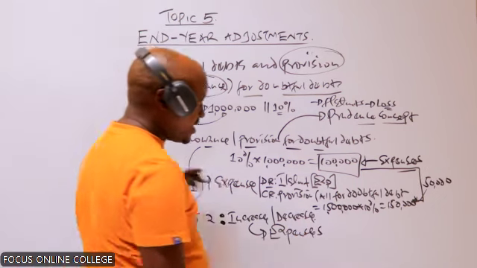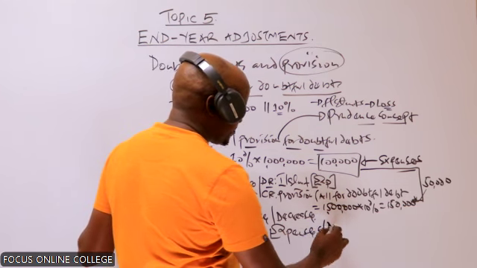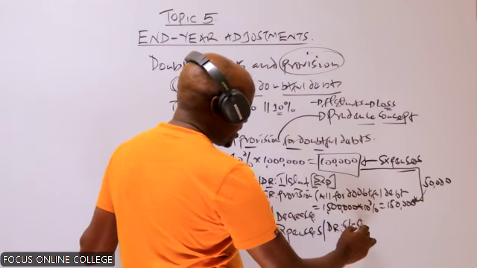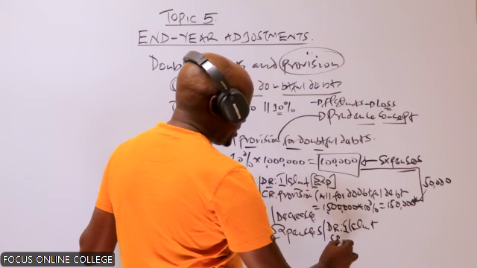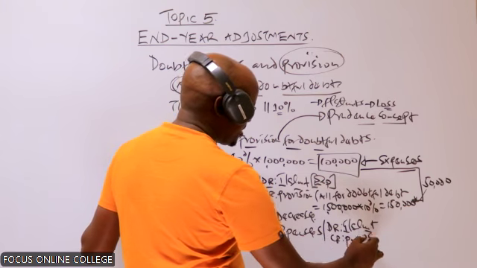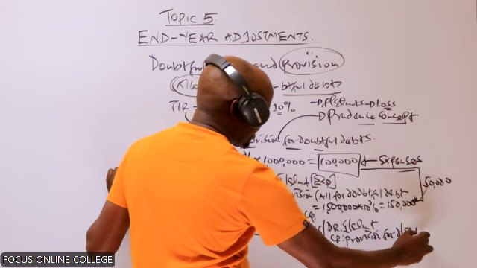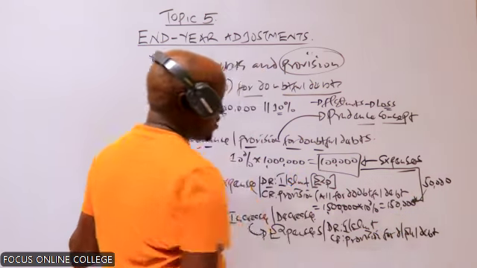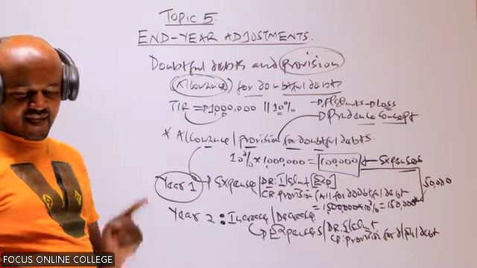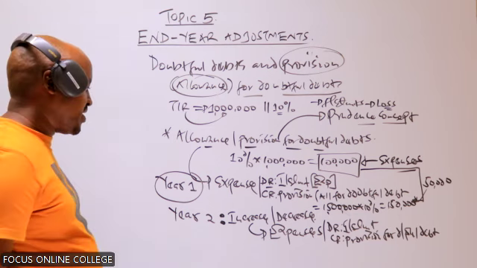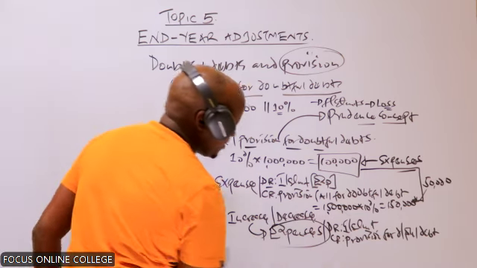We debit the income statement and we credit the provision for doubtful debt account. Always the increase is accounted for as what?